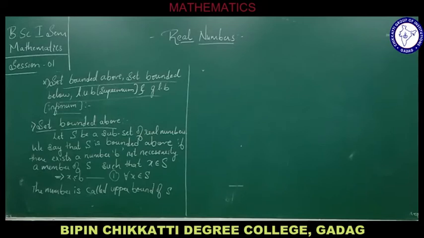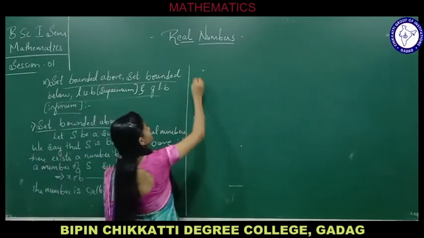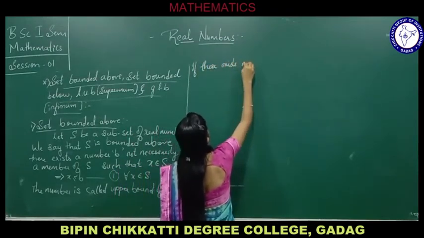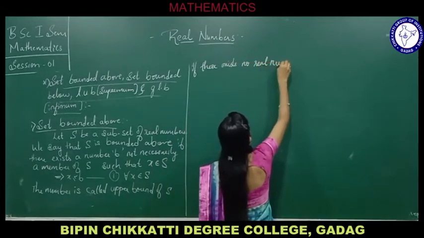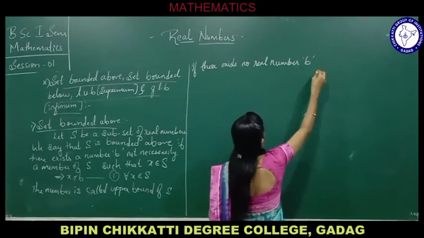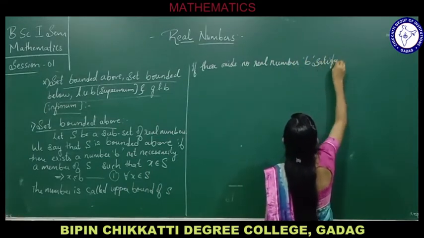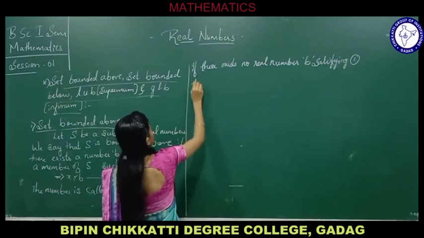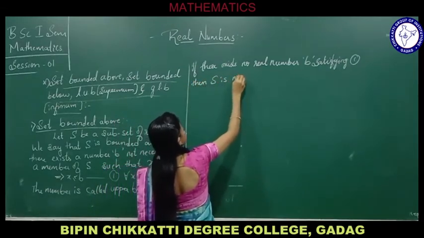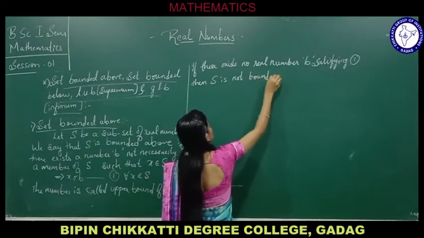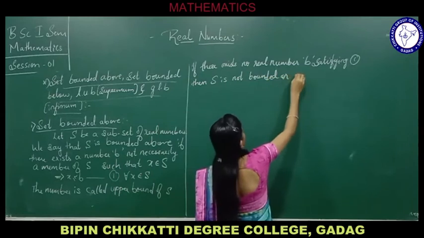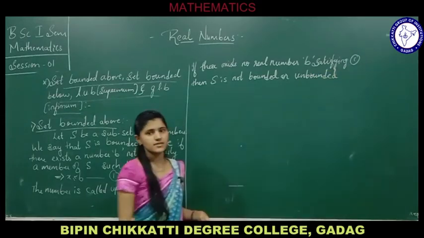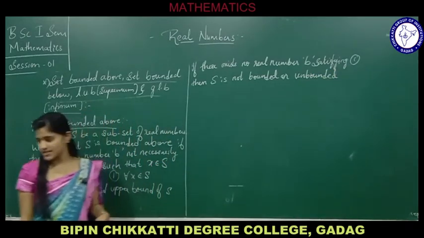Suppose there exists no real number B satisfying equation 1, then we say that S is not bounded, or S is unbounded.